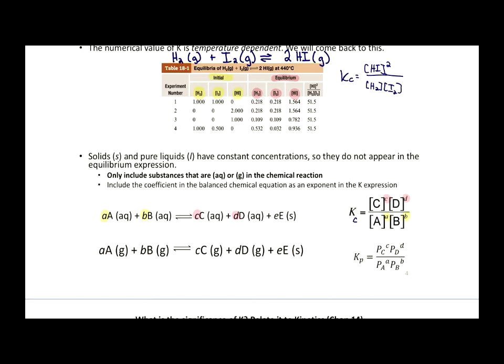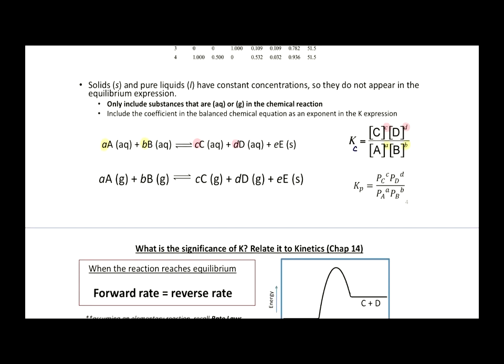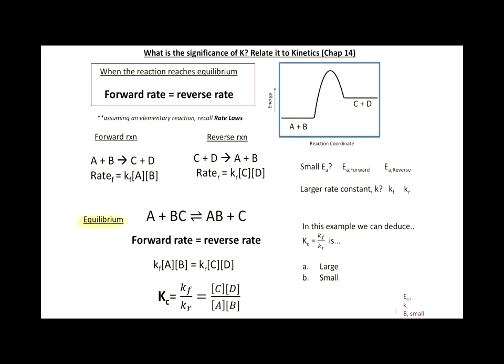And then A and B are also gases, so those go into your Kp expression as well. Right, so just remember, Kp, gases, things that have pressures. Kc, concentration, things that have concentration, which can be anything that's aqueous or anything that's a gas, if it's a heterogeneous mixture.